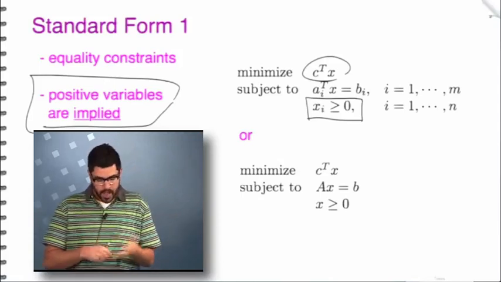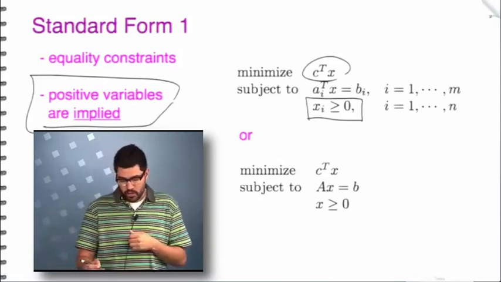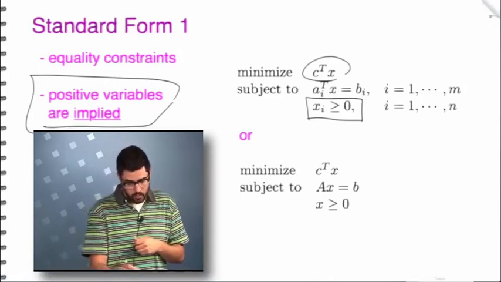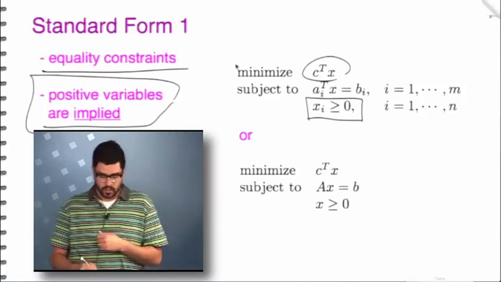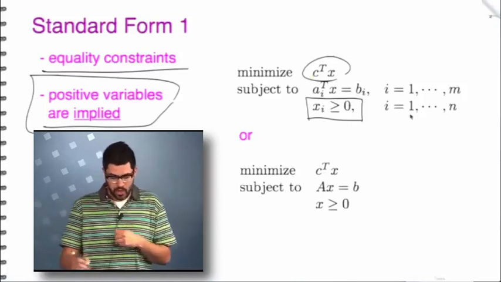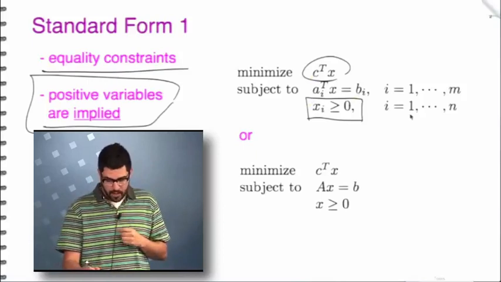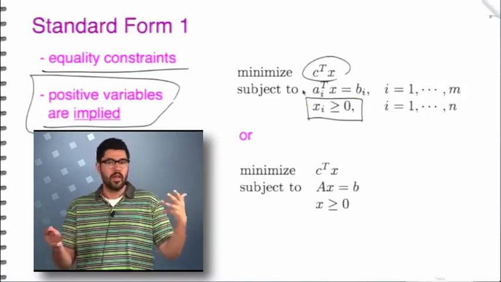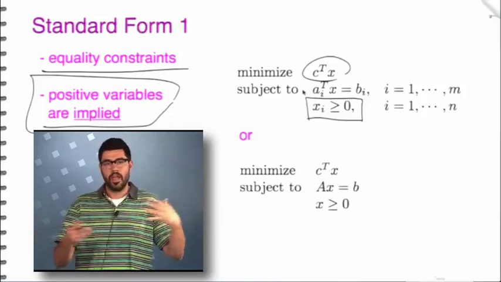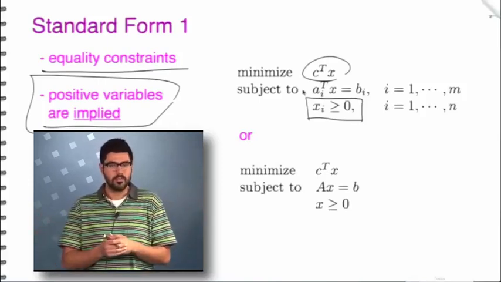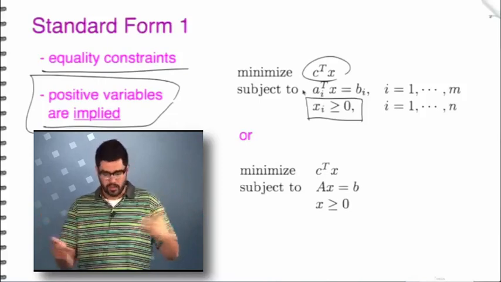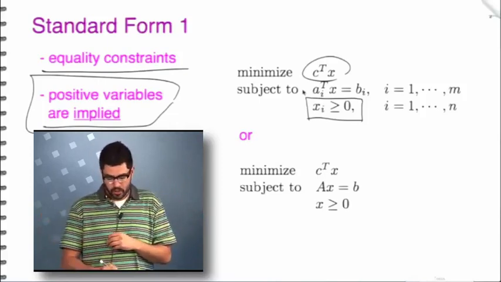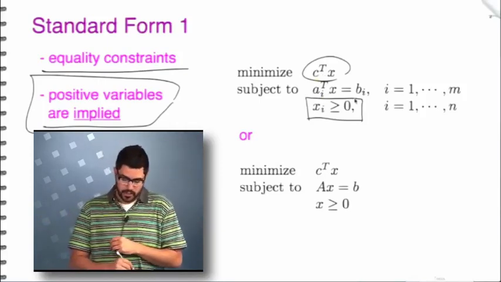The other feature of the standard form, Form 1, is equality constraints. So you have some constraints, with a_i transpose, where a_2 might be a vector, and a_3 is another vector. You have m equations, and here you have an inner product.